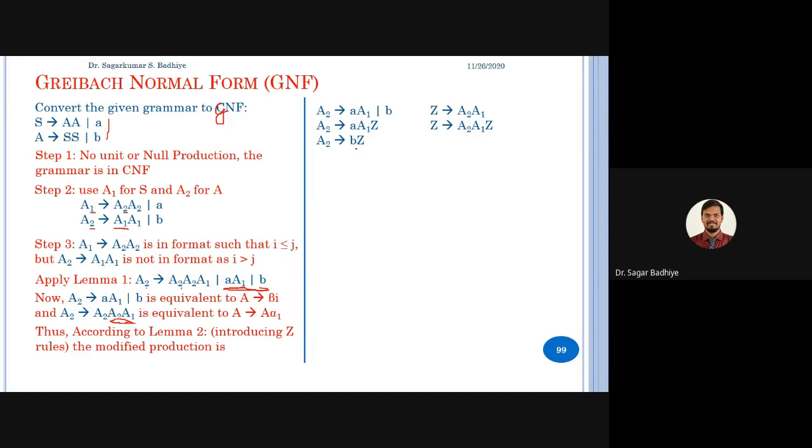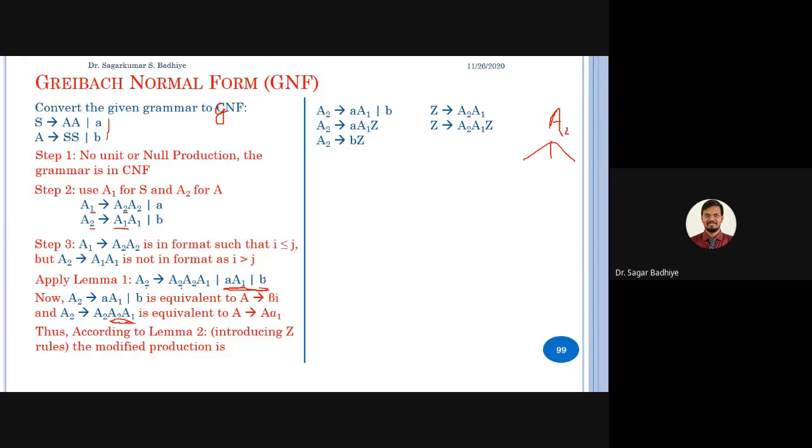So here, if we consider this particular example, suppose I want to derive a string BBA from this A2. When I replace this A2, I want the string to start with B, so I can replace it with a single B, since A2 derives to B is a rule.